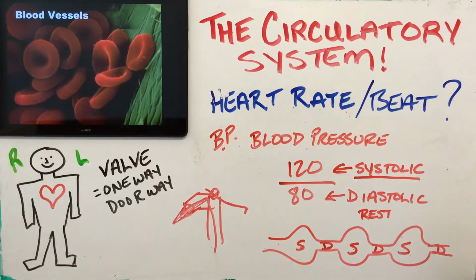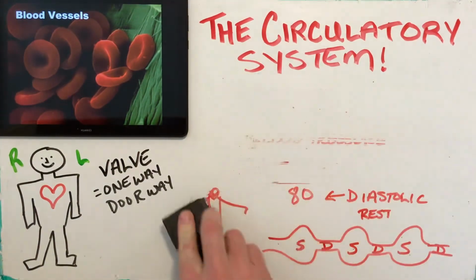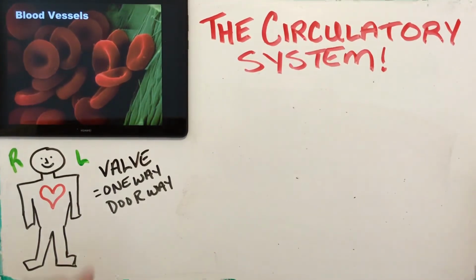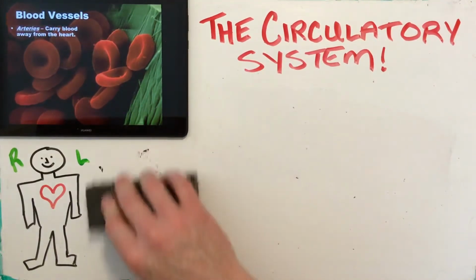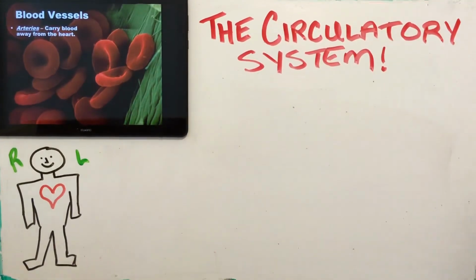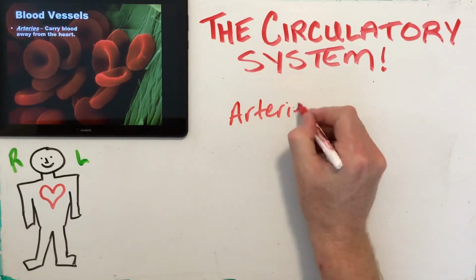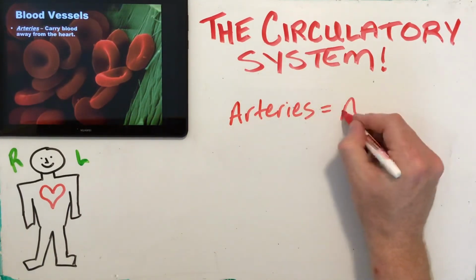Blood vessels. This is our last topic, I believe, the blood vessels. 3 types of blood vessels. So, I can get rid of valve. We have arteries. Arteries carry blood away from the heart.